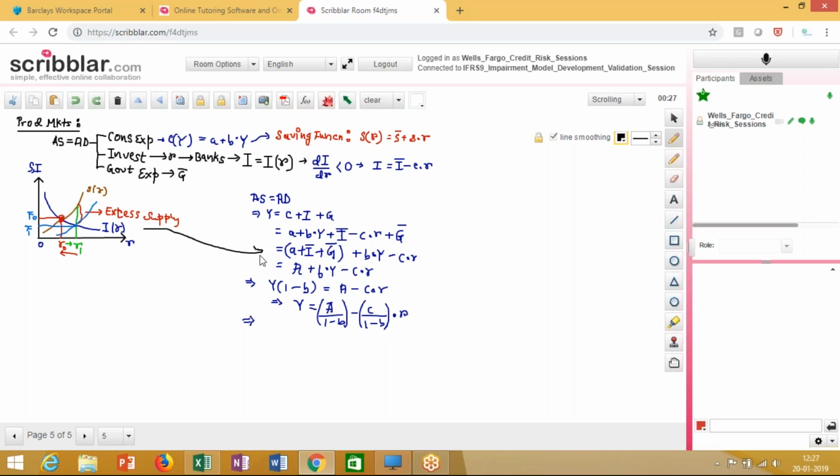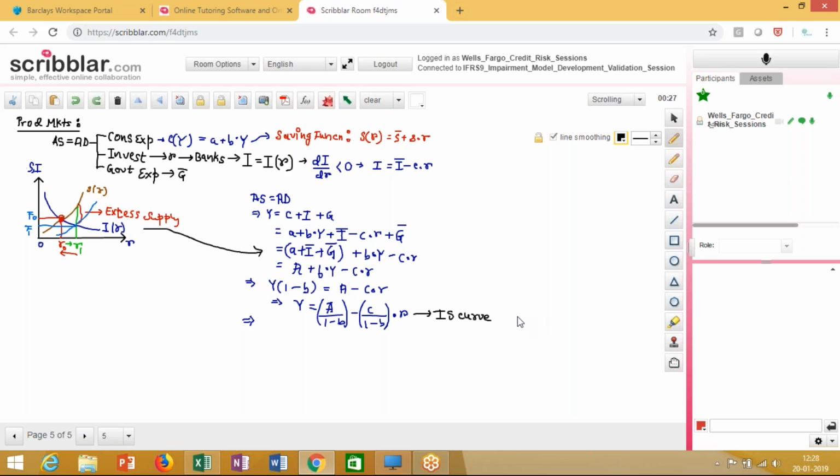Hence this relationship is known, in the jargon of economic literature, as the IS curve, the investment savings curve, which shows the relationship between output and the rate of interest in the economy. This is what the IS curve is, right?